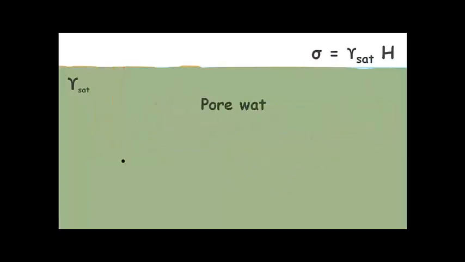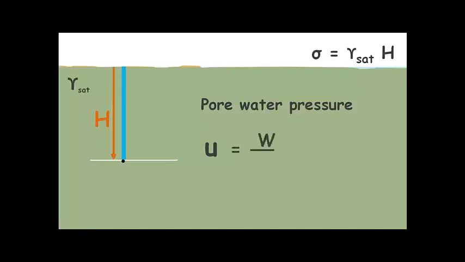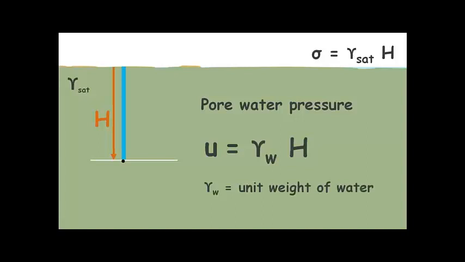Now, the pore water pressure at this point in the soil is the pressure due to the weight of the water column above it of height h. So pore water pressure at this point is also the weight of the water column divided by the area. So pore water pressure can be written similar to the total normal stress as this. Here gamma W is the unit weight of water.